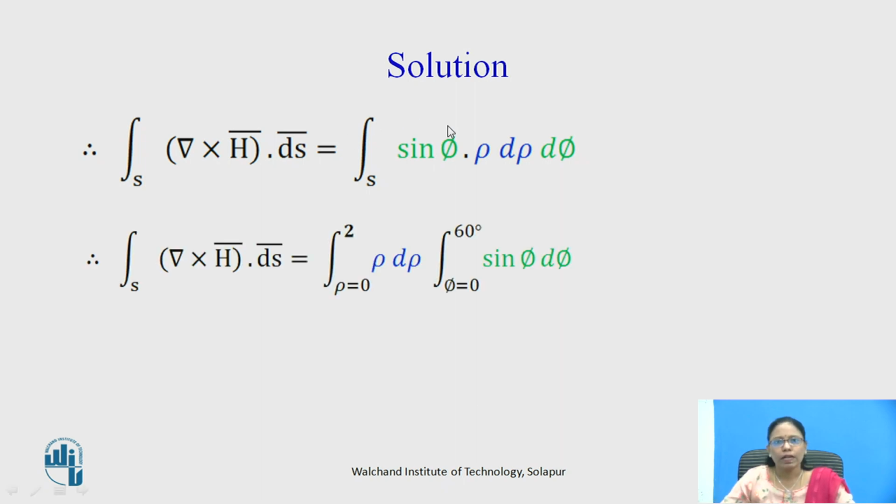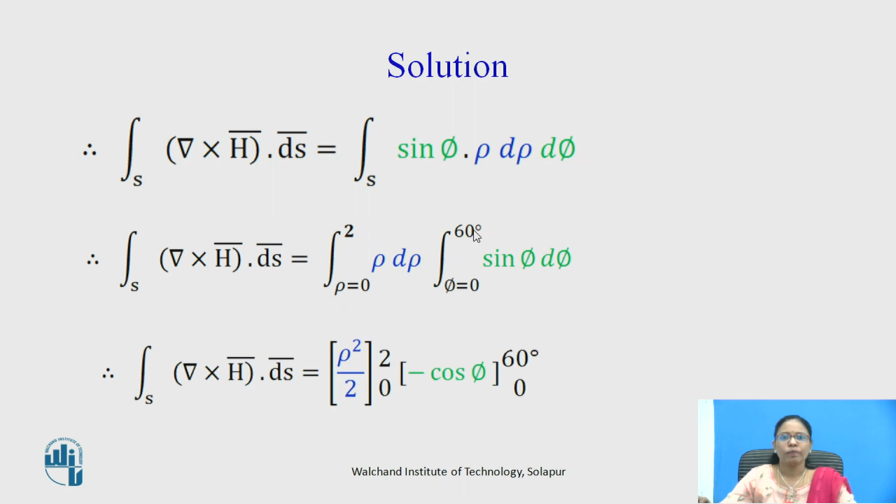I can write rho d rho with integration limits 0 to 2, and sine phi d phi with integration from 0 to 60 degrees. So rho d rho integrates to rho square by 2, with limits 0 to 2. Sine phi, when I integrate, gives minus cos phi, with limits 0 to 60 degrees as per the question.